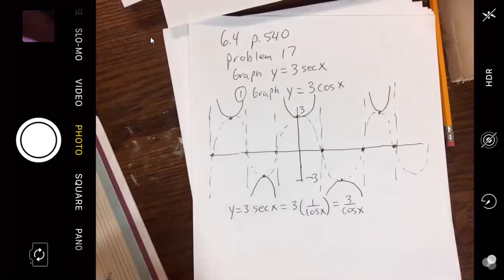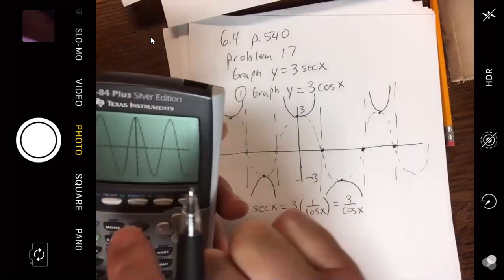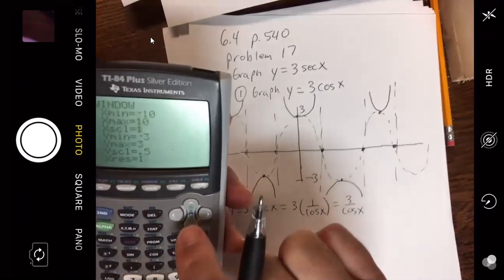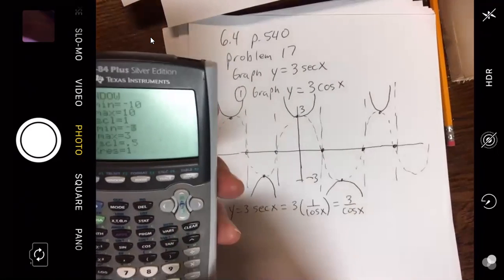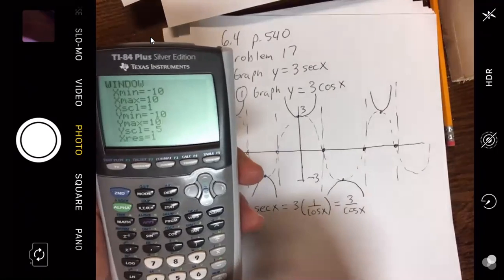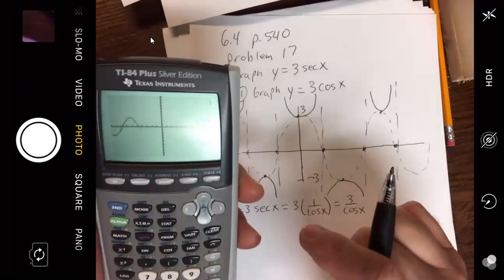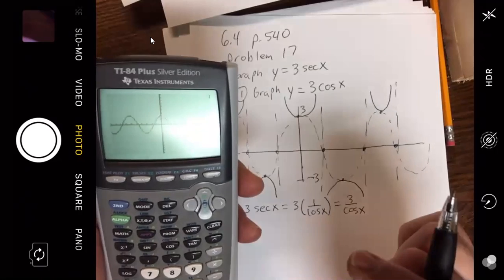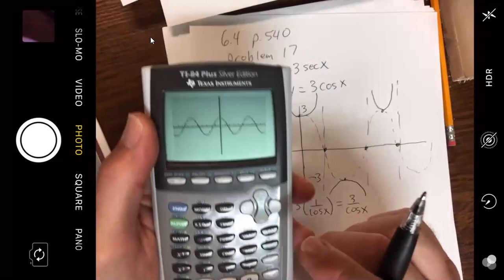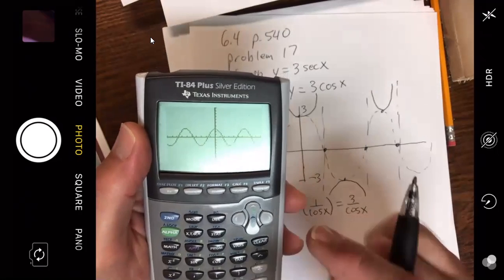And you can see that, to see it, I have to extend the y range. Let's go back to -10, 10. So there's your center cosine. I didn't enter the secant.